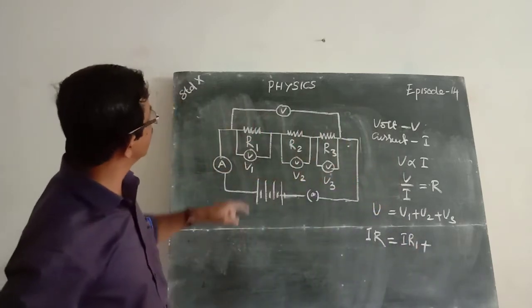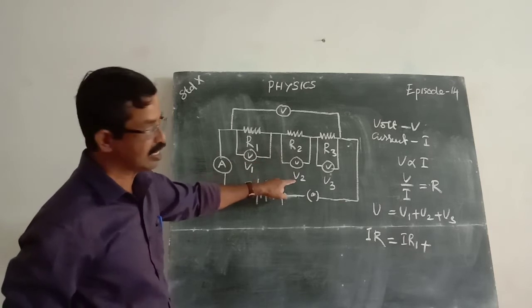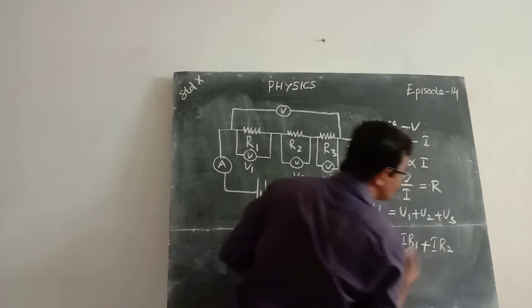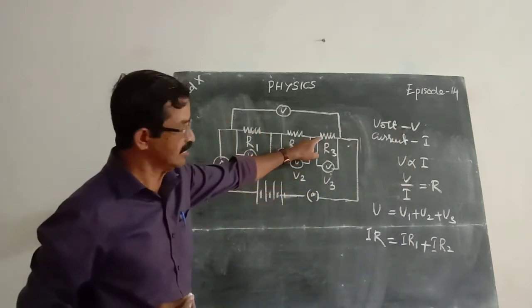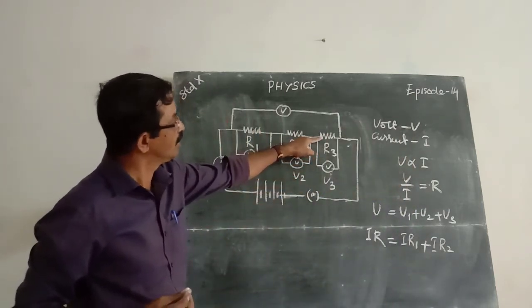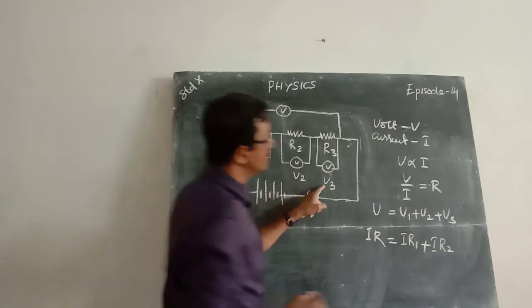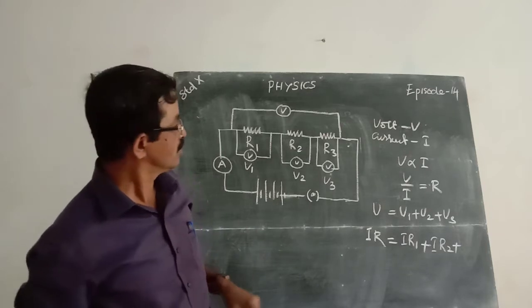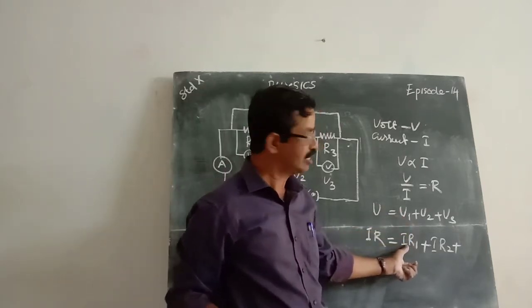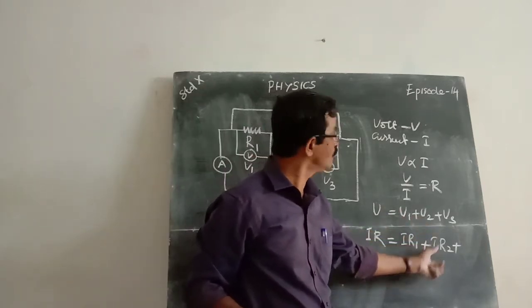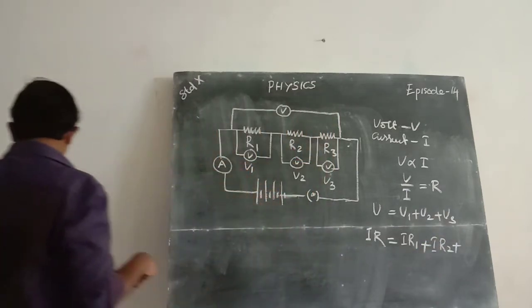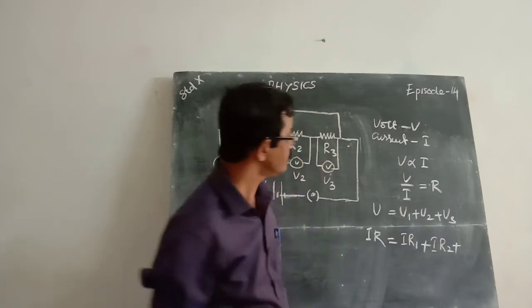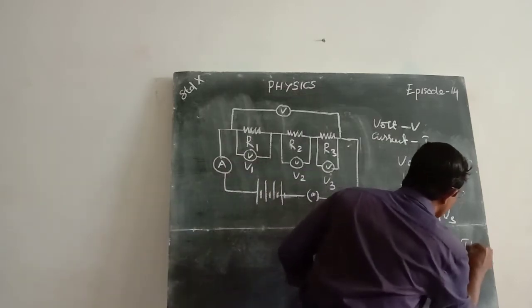In the same manner, potential difference V2, current is same, resistance R2, so I into R2. And V3 is I into R3.